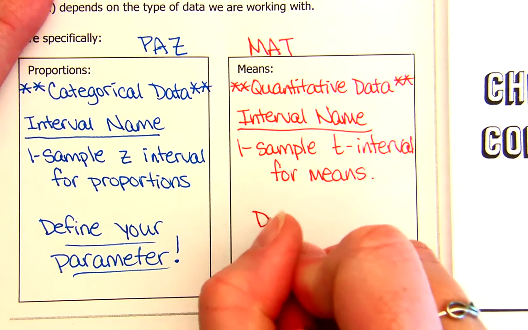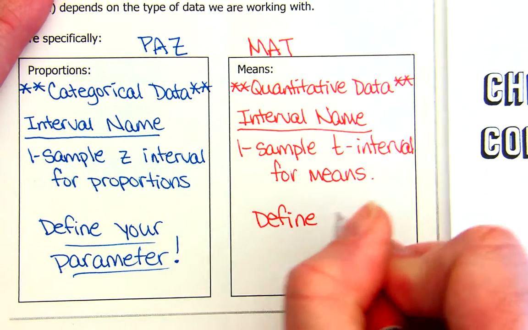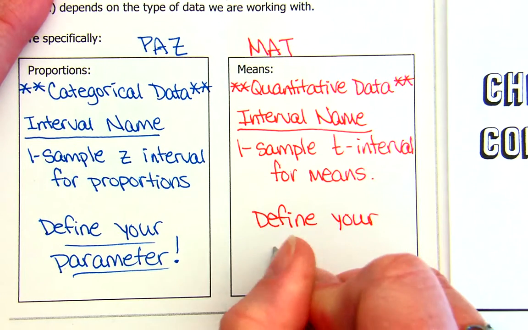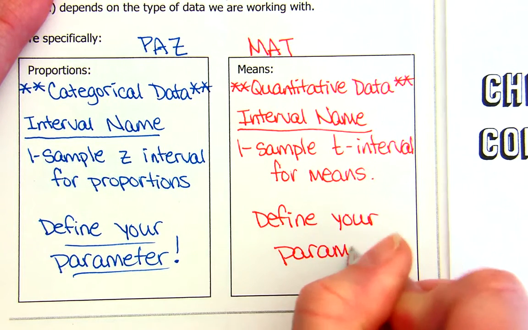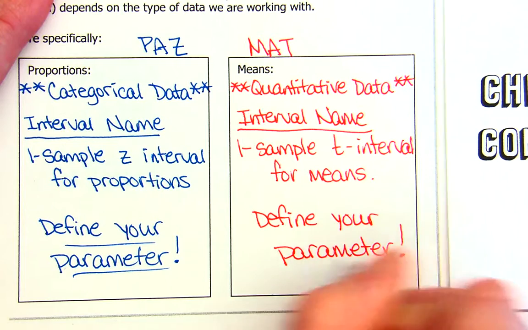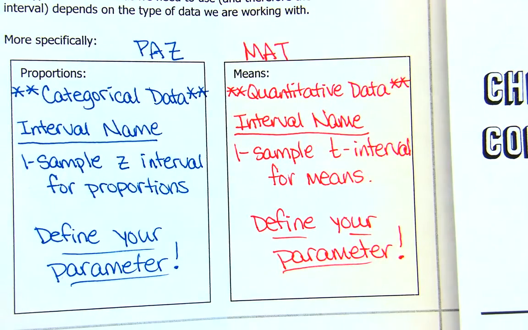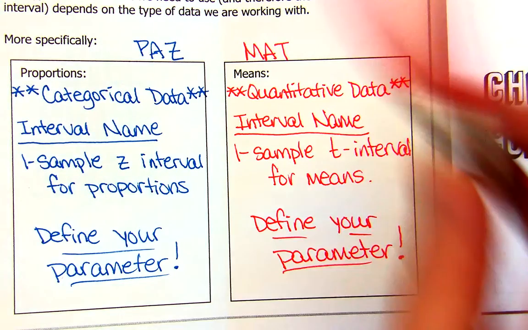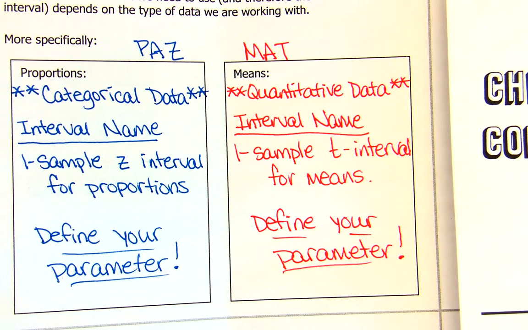And again, don't forget to define your parameter. So very similar to what we did with hypothesis testing, only we don't have a hypothesis. We still name what we're doing. We still define the parameter. We just don't write out H0 and HA.